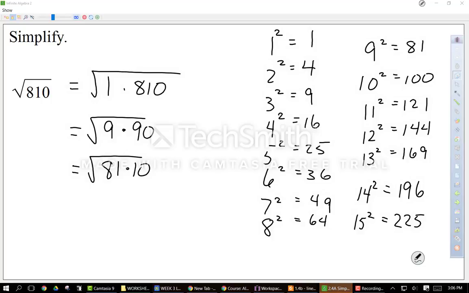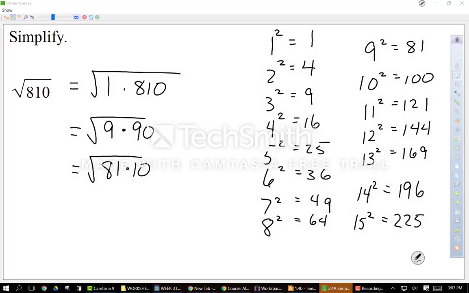And then 121 can't. 144 can't. 169 can't. 196 can't. 225 can't. And then if you wanted to keep going, 16, 17, 18, that would be 256. That's a no. 289, that's a no. 324, that's a no. 361, that's a no. 400, that's a no. That's all up to 20 squared.